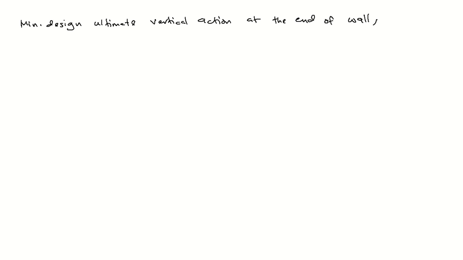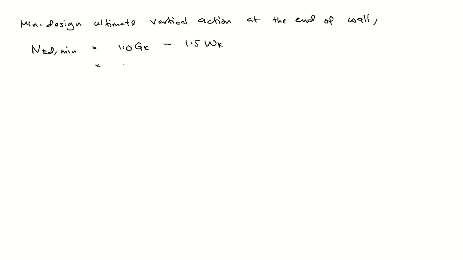The formula for NED min, or minimum design ultimate vertical action at the end of wall. Okay, the formula is NED min is equals to 1.0 GK minus 1.5 WK.